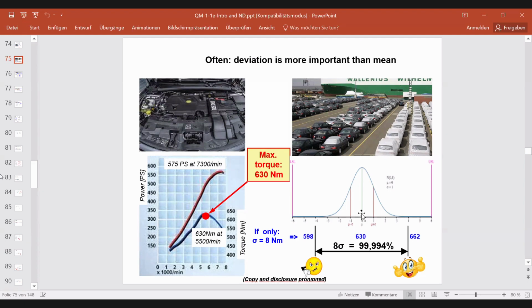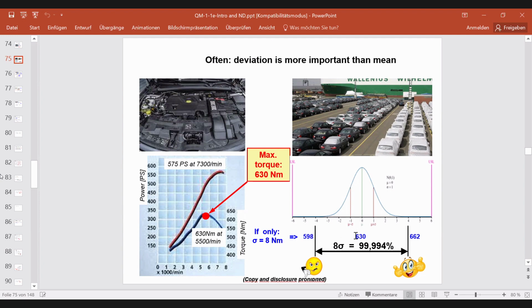It can be that you buy a car which has a higher torque, up to a maximum in this analysis of 662. Then you can be happy, because the motor is very powerful. But it can also be that the motor has a lower power and has only 598 Newton meter.